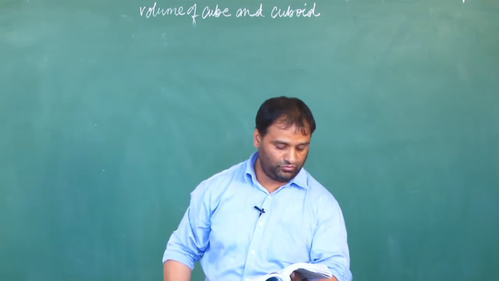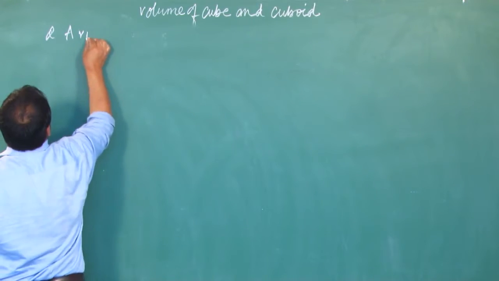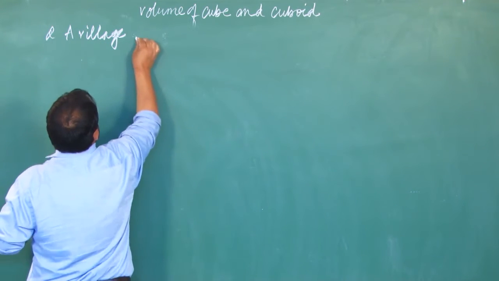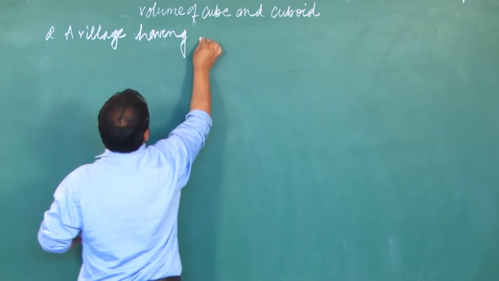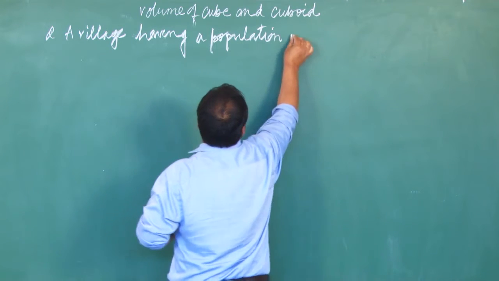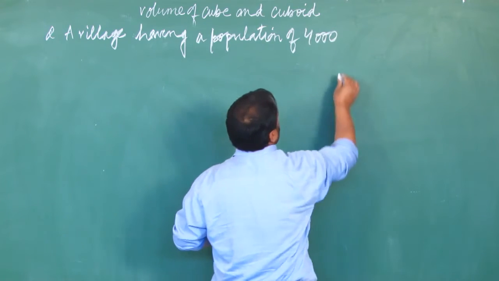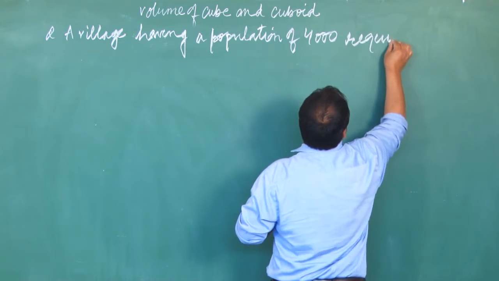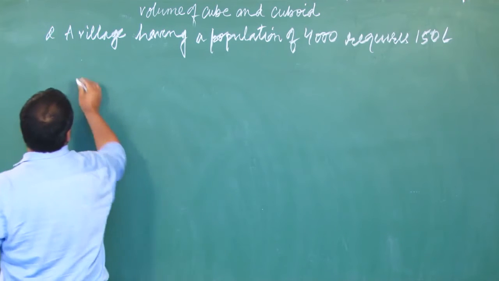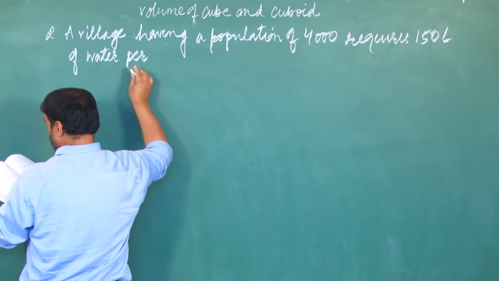An interesting question of this exercise. There is a question: a village having a population of 4,000 requires 150 liters of water per head per day.